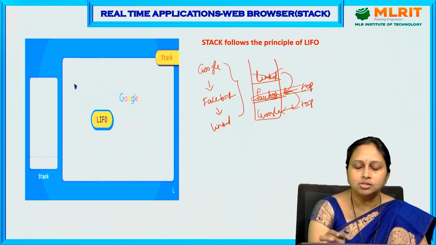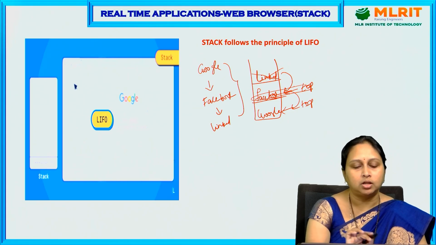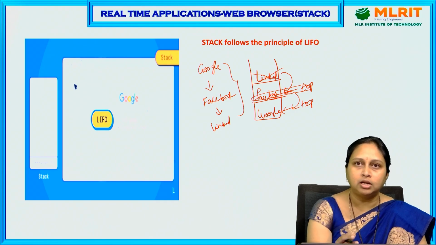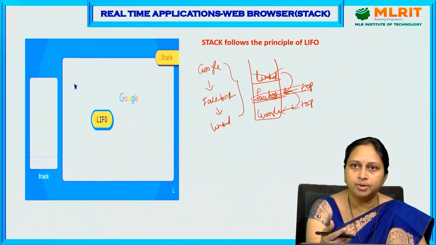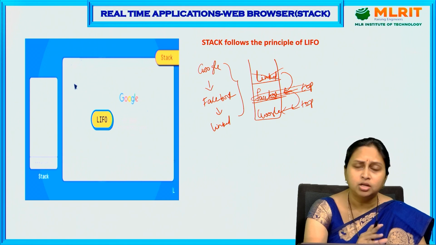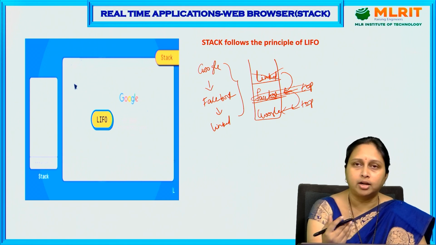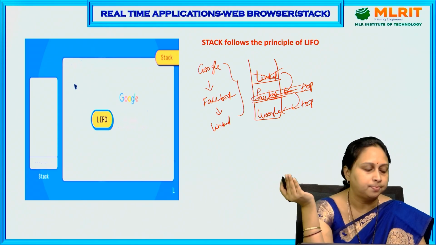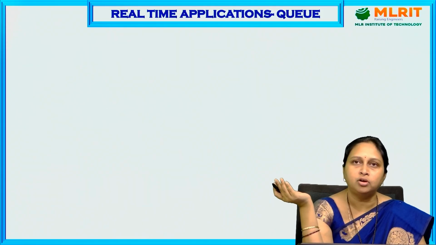Now according to this, I can see Google. In this way, the web browser will be storing whatever URLs you have been opening into the stack in this particular order. Whatever new URL you have opened is going to be placed on top. This is one of the examples for web browser.